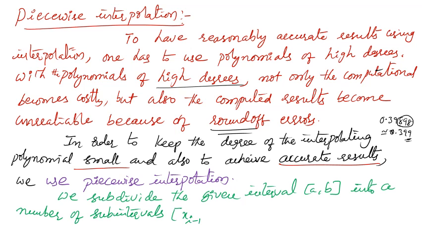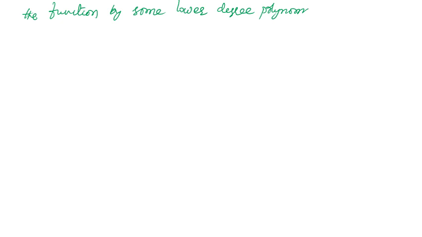Let me denote the subintervals [x_{i-1}, x_i] for i equal to 1 to n, and approximate the function by some lower degree polynomial in each subinterval.